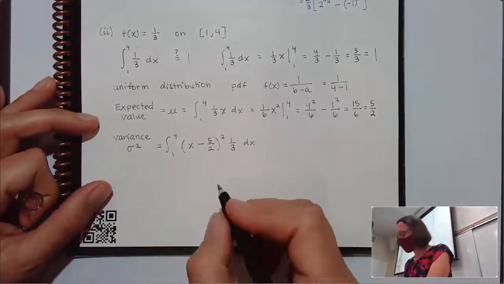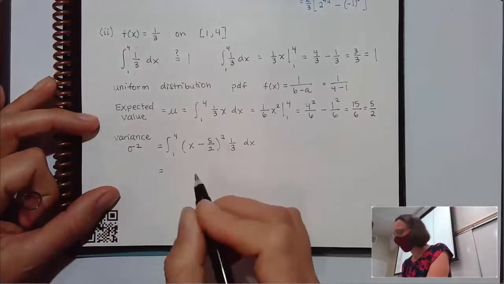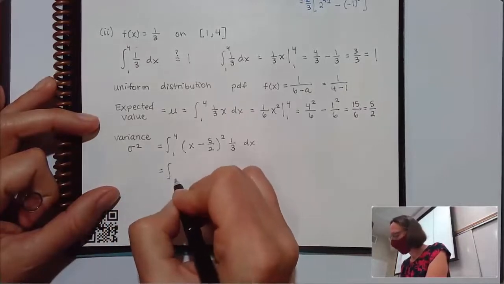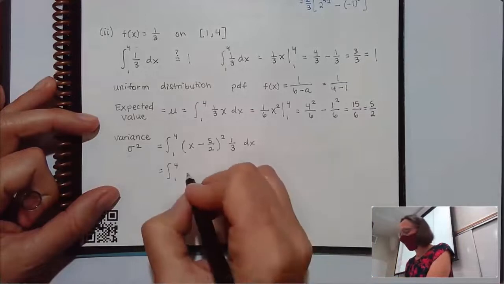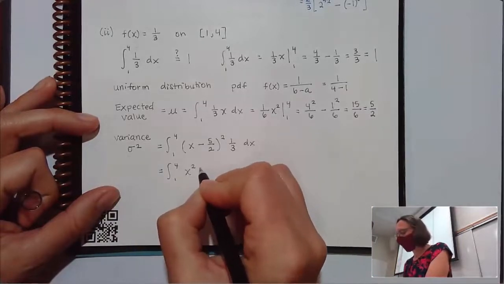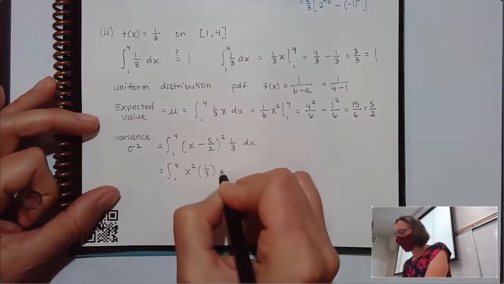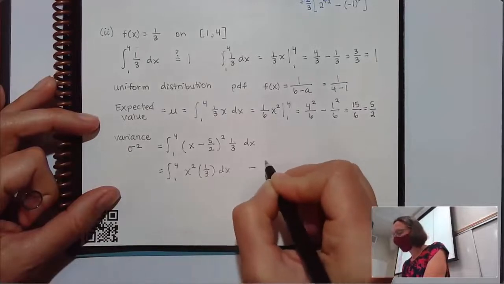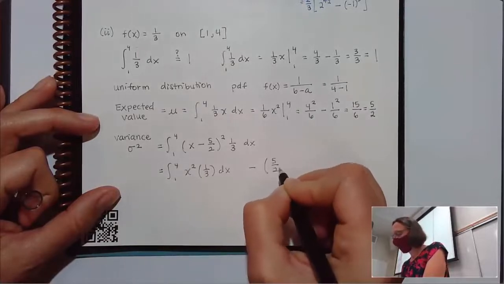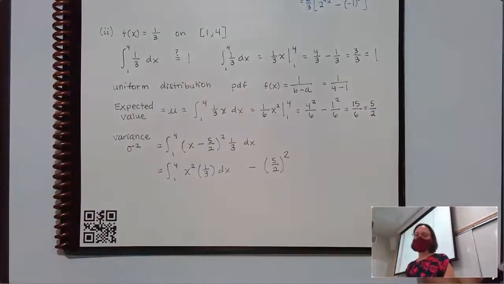But in this section, we have another form for the variance, which says it's generally easier to integrate x squared times the PDF dx, and then subtract off the expected value squared.